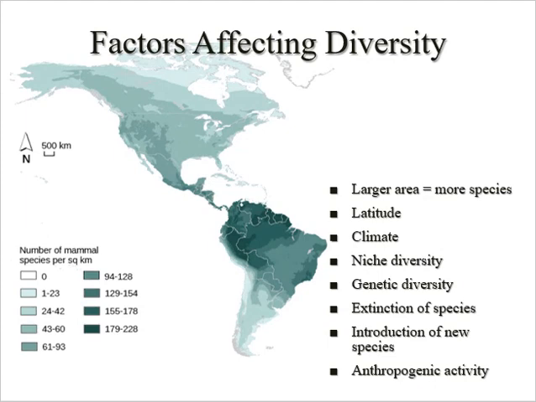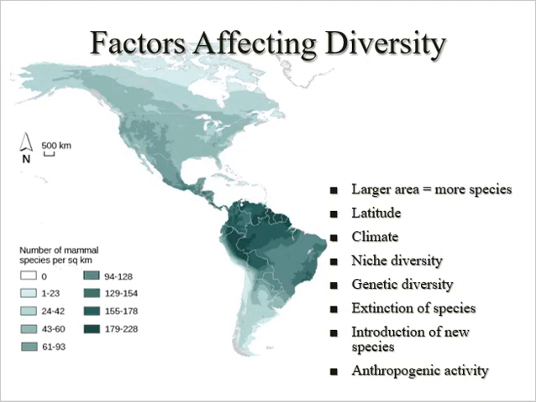Latitude also seems to affect diversity. In general, there is a pattern of a greater number of species along the equator, with diversity dwindling off as you move towards the poles. And this pattern is known as the latitudinal diversity gradient, or LDG for short.